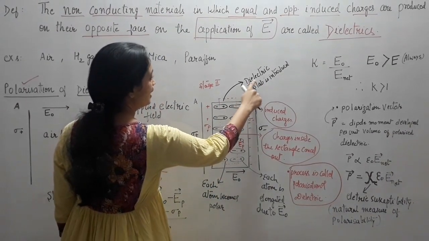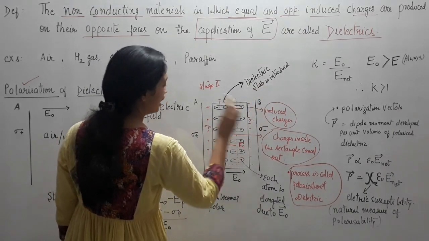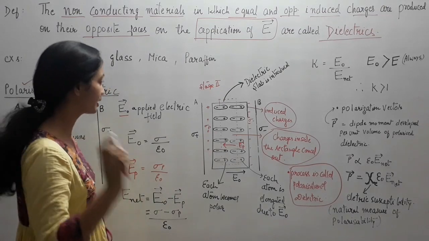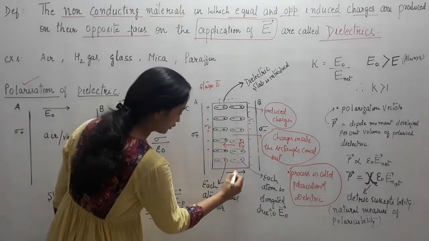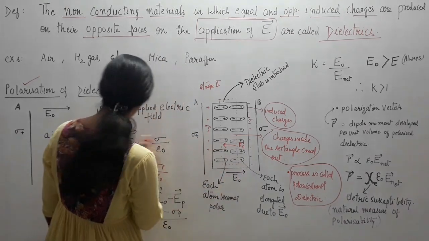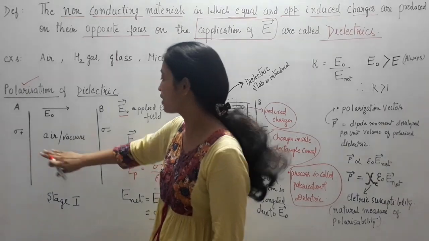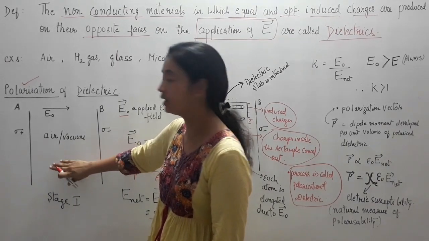Can you see? Dielectric slab is introduced between the plates A and B. The electric field E naught is already existing between the plates. The extra thing is we have put a dielectric slab in between the plates.